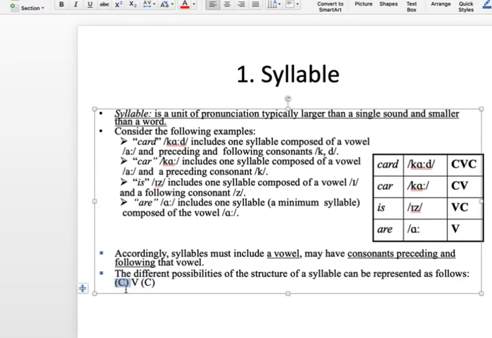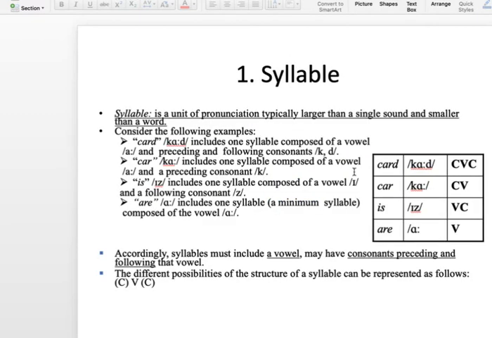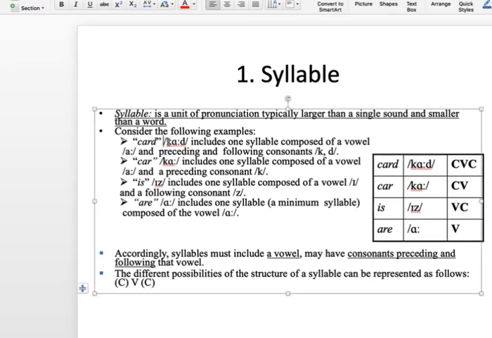It may be one consonant or more than one consonant, but they are all considered the onset. For example, if I say card, what is the nucleus? The a sound is the nucleus, right? And what is the onset? The ka sound is the onset because it is coming before the nucleus. Card: ka sound, onset; a sound, nucleus.